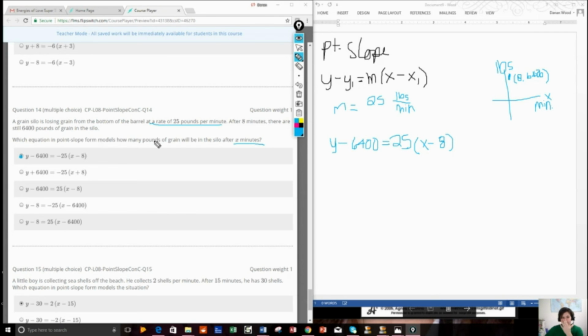The reason it is negative is because they are losing grain. They're not gaining grain. It's not going up per minute. This is going to be going down as the minutes go by because they're losing grain.